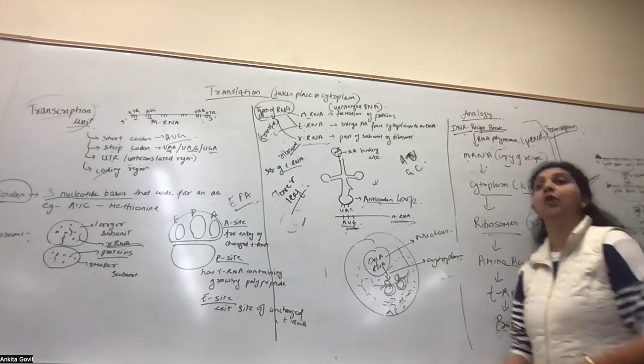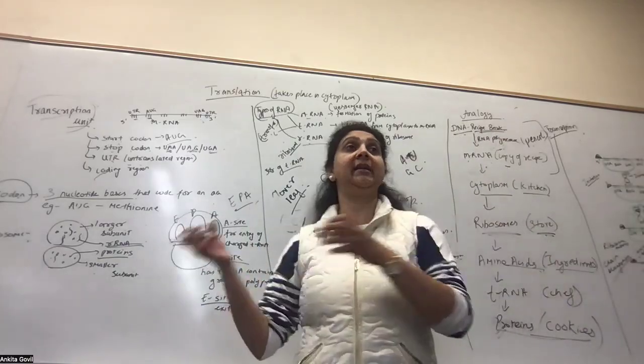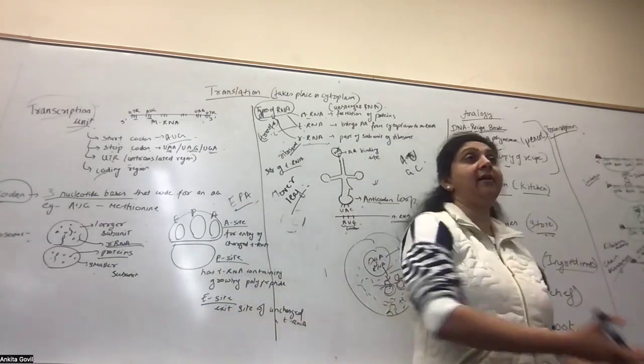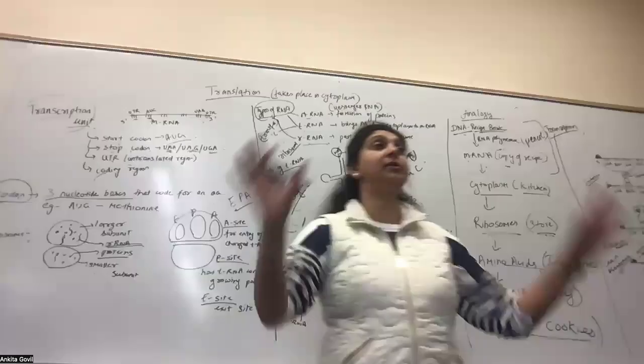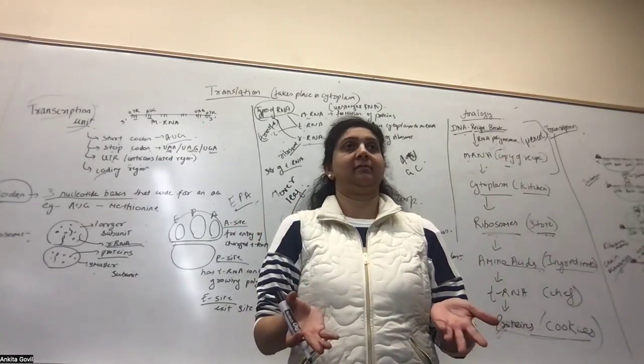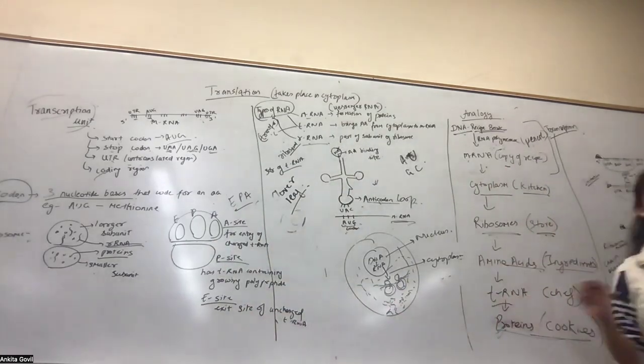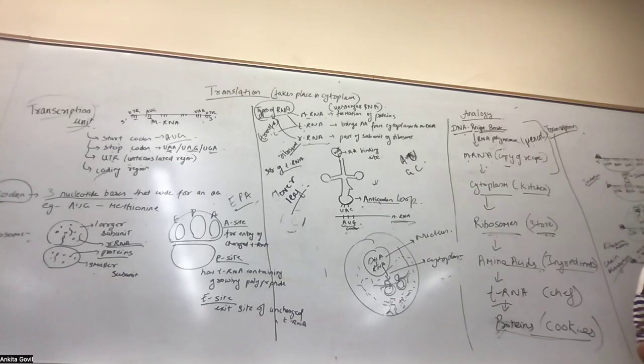And finally, who is doing all the work, moving around, bringing the ingredients to one place, working on the oven, working on the stove? You. You are the chef. It's the tRNA. The transfer RNA is the chef, that is you.